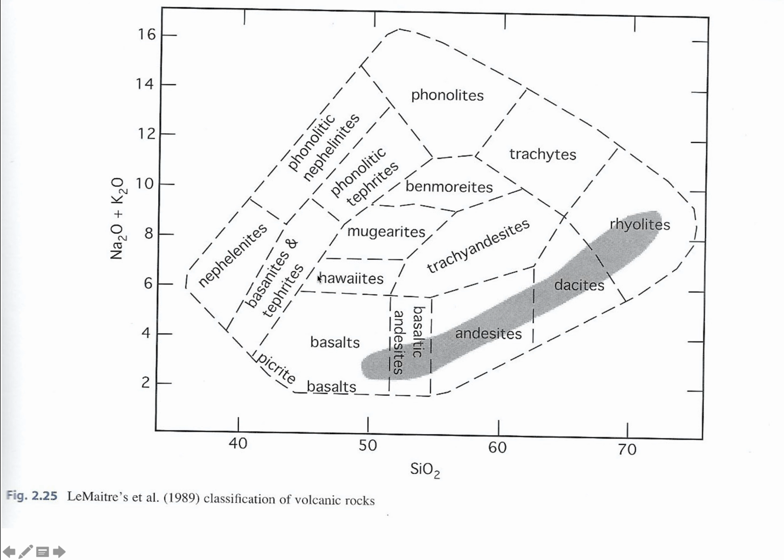Here we have another diagram for the classification of the volcanic rocks. On the x-axis we have the silica concentration, whereas on the y-axis we have the sodium plus the potassium concentration. Then we have this field inside with these dashed borderlines, and that is the so-called Le Maitre's classification of volcanic rocks.